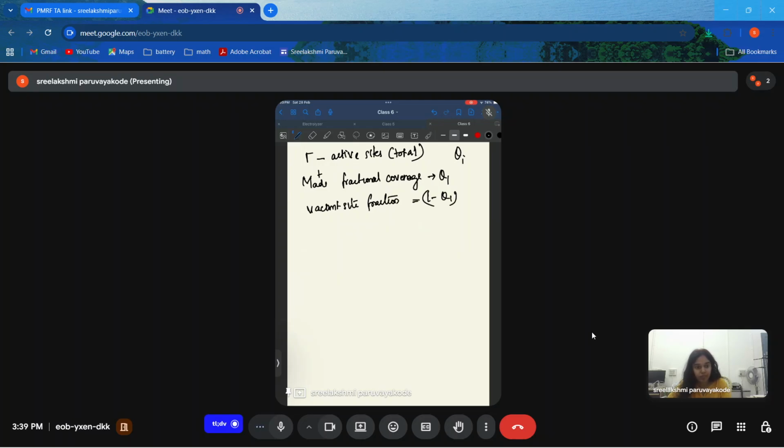Okay. Now the first step is the mass balance. How to write the mass balance of the intermediate?